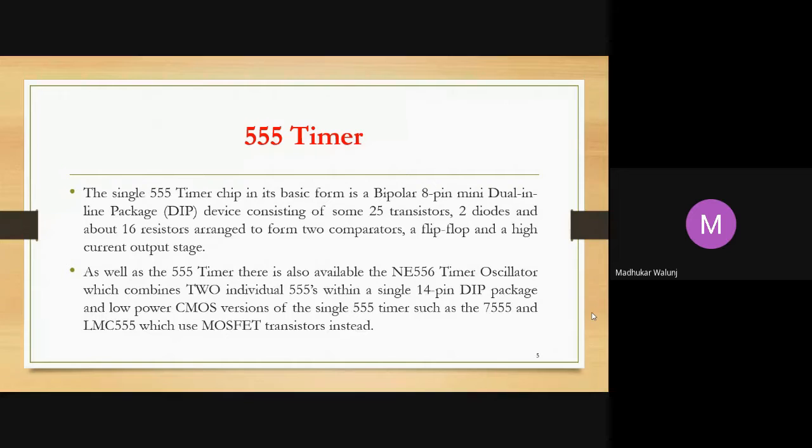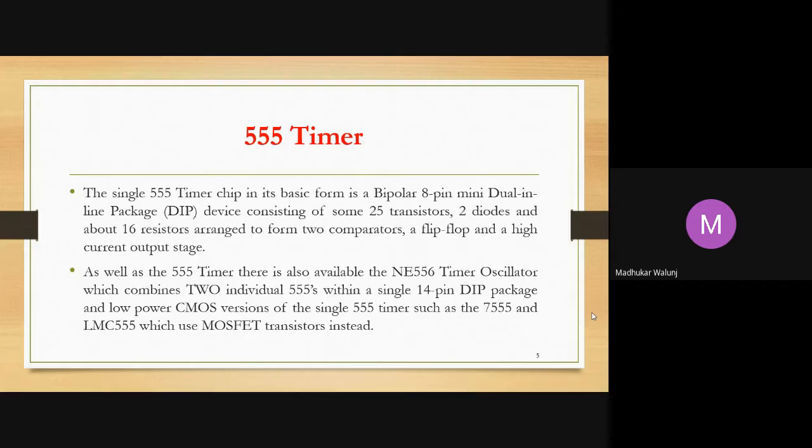We are going to see the basic functional block of it later on. The type 555 timer IC is also available as the 556 timer oscillator, which combines two individual 555s in a single 14-pin DIP package. So in the 556, we have two 555 timers inside it.